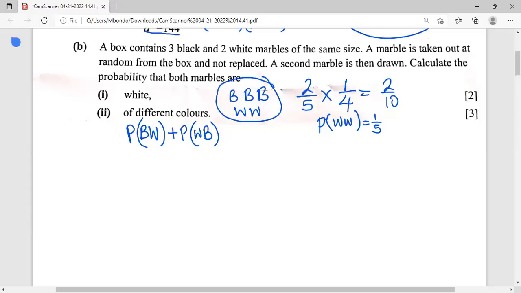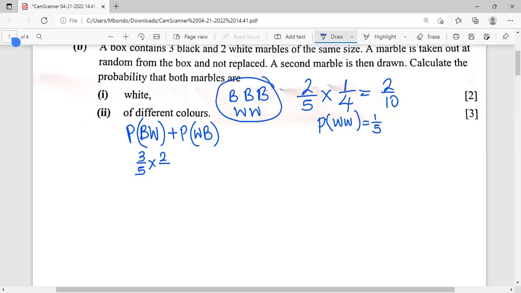So we count how many black balls we have there. There are 3 over the total number, which is 5, multiplied by, we come to white now. How many white balls do we have? White balls are 2. Then over the total. The total now is no longer 5 because of one ball that we removed here and was not replaced. So this will be 4.